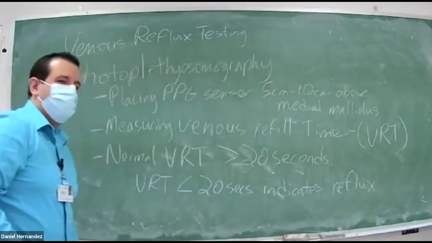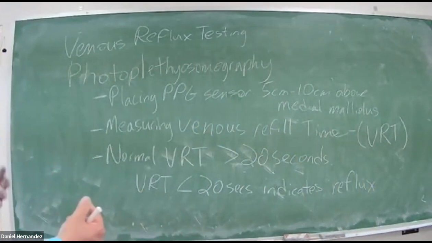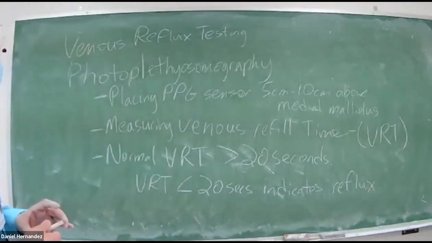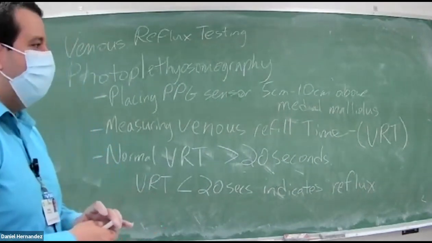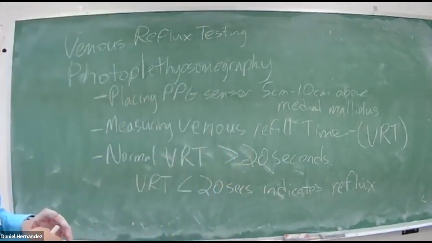The reason for this is it takes a long time for the veins to refill with blood through the capillary bed system, from getting it from the arteries. So if we have the veins refilling quickly, it's because those valves are incompetent and leaking, so blood flow is returning back to the cap.